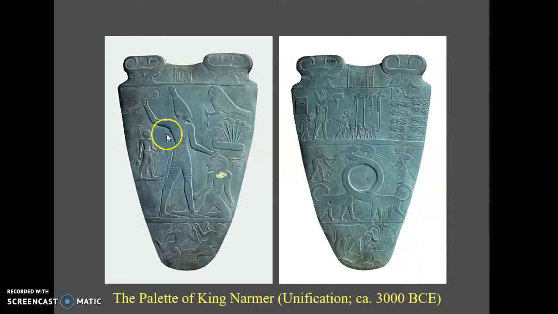And so on one side, you see King Narmer. He is wearing the bowling pin-shaped crown of Upper Egypt, and he's holding a club or a mace, and he's about to pummel his enemy, who is clearly on his knees in surrender. He's represented in hierarchy of scale for emphasis and recognizability.